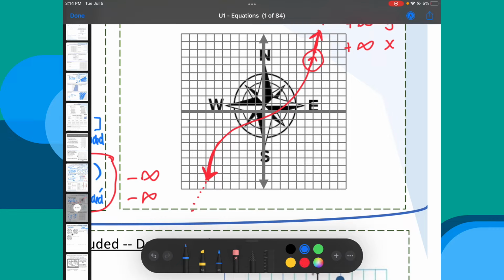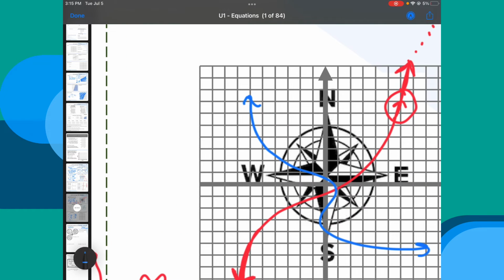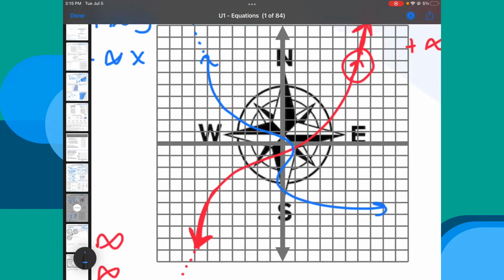If we had another graph that goes like this, part of the graph is going up, very quickly up. So we know the y value is going to positive infinity, but we're also very slowly going to the left, or kind of northwest. So our x value is going in the negative direction.